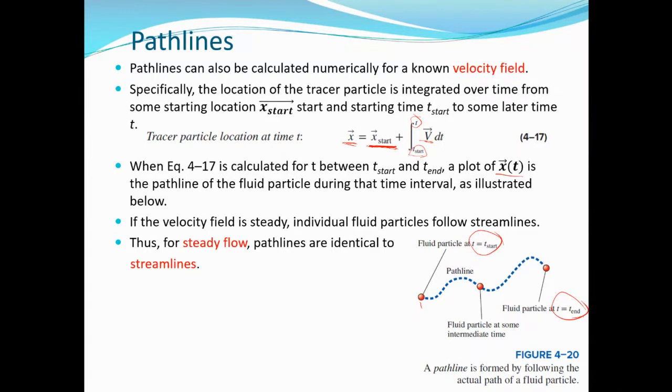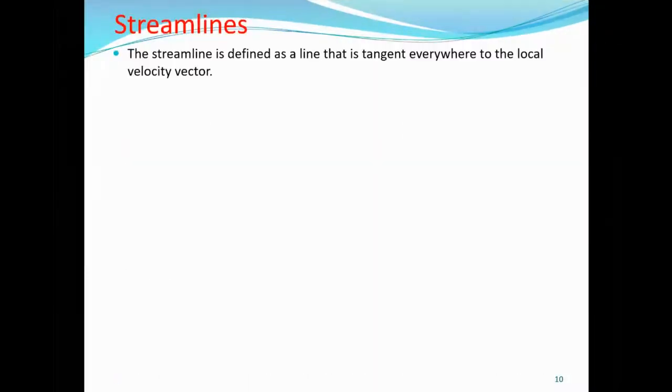So I was explaining that for steady flow, path lines are identical to streamlines, and that is because the streamline for steady flow indicates the path taken by individual particles in that flow field.